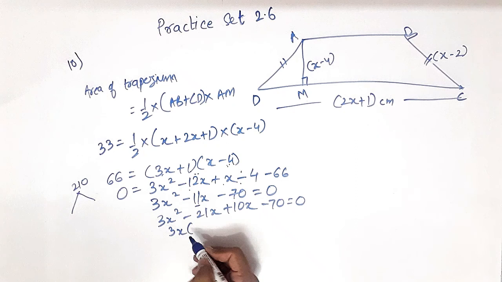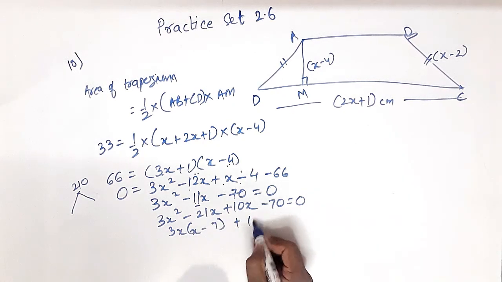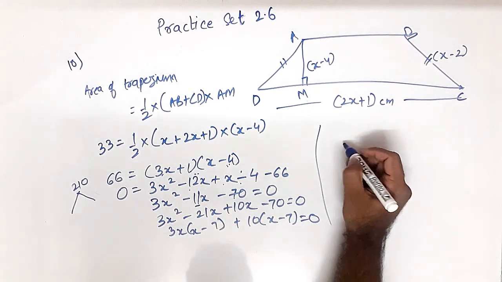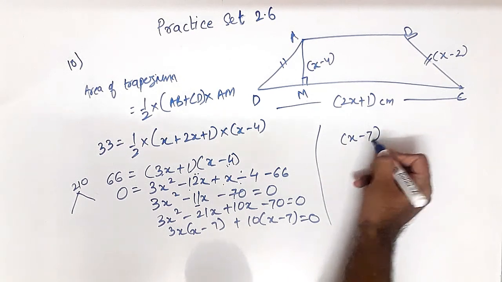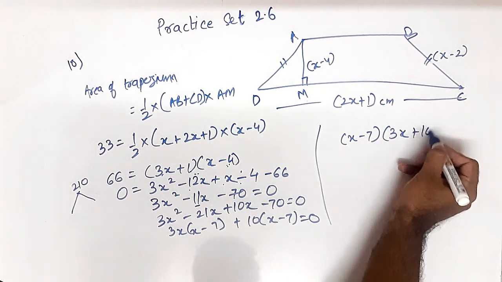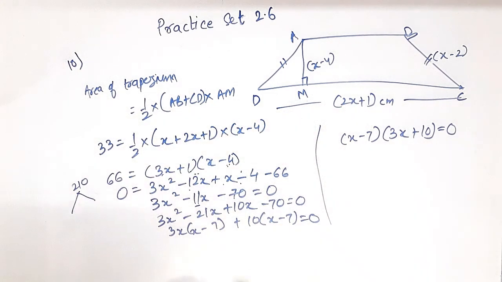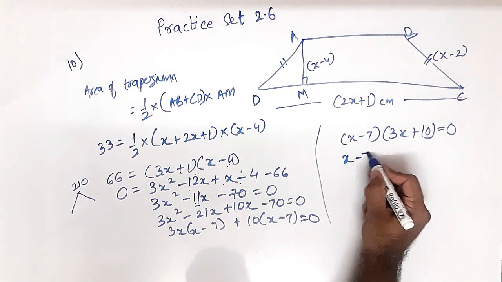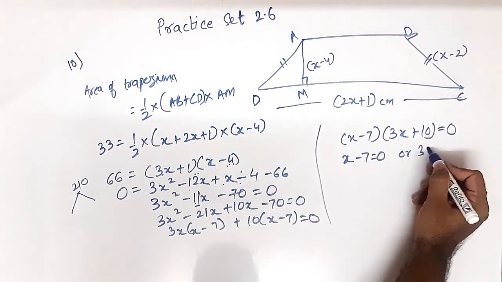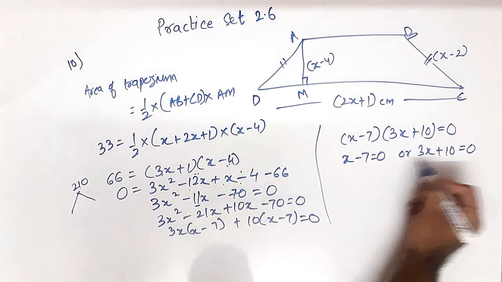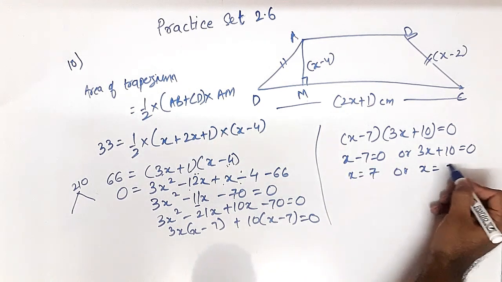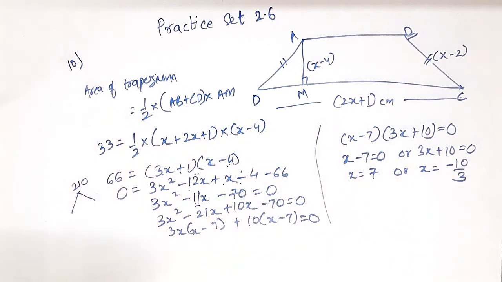So 3x common, x minus 7 remains, plus 10 common, x minus 7 remains, equals 0. Now x minus 7 into 3x plus 10 equals 0. So x minus 7 equals 0 or 3x plus 10 equals 0, so x is equal to 7 or x is equal to minus 10 by 3.